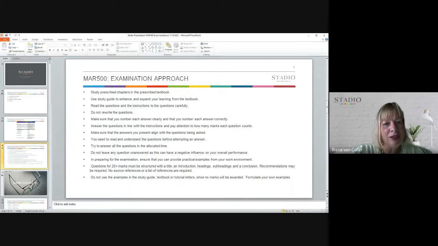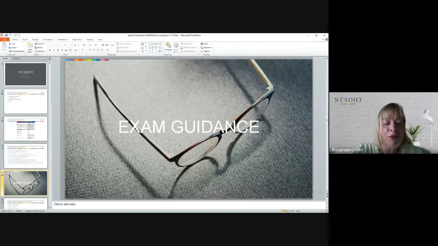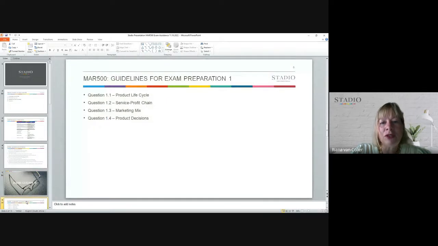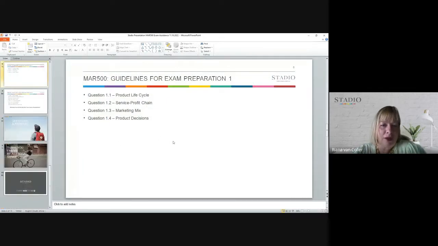So let's then jump to the exam guidance itself. So, very important, as I said, there's going to be 3 questions, and they would be altogether 100 marks. Now, question 1 will consist of 4 sub questions. The first one, 1.1, will be about the product life cycle.